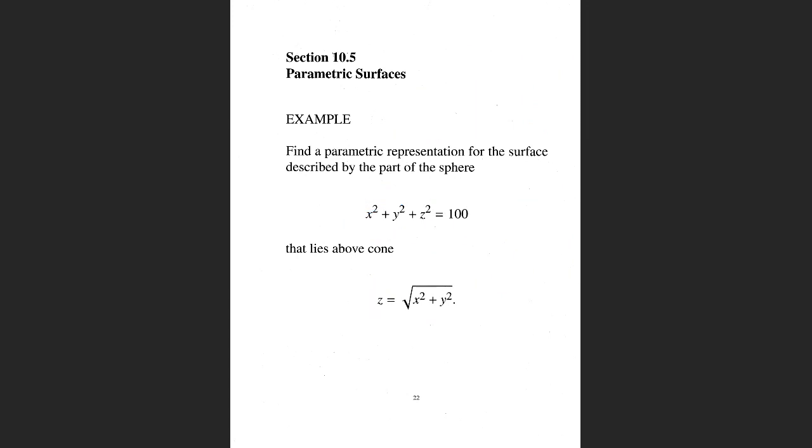Okay, all right. So what's the first thing we might want to do in this problem to help us? Would it be nice to see the surface, to get an idea of what the surface looks like? Yeah, it would be nice.